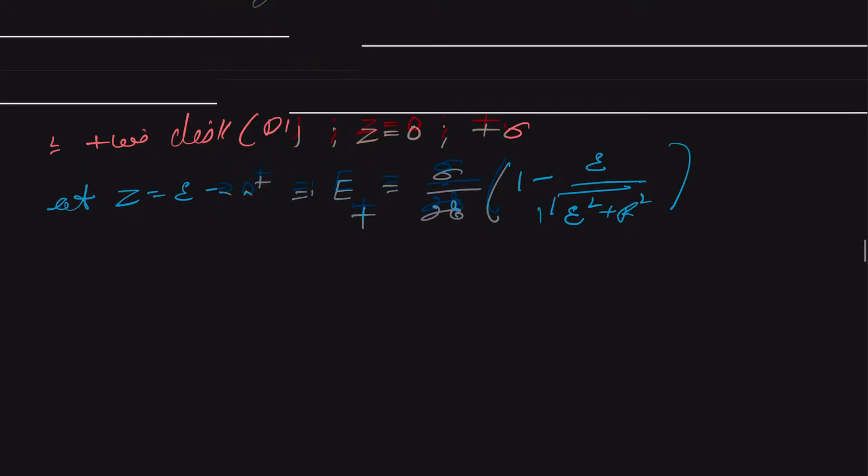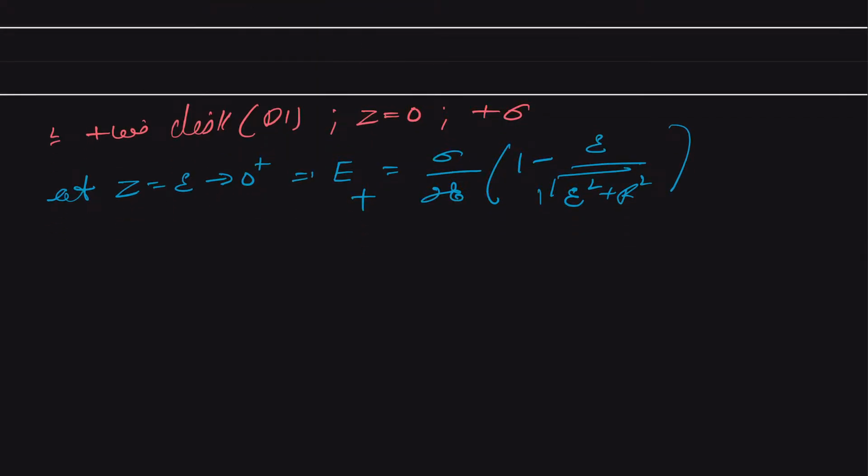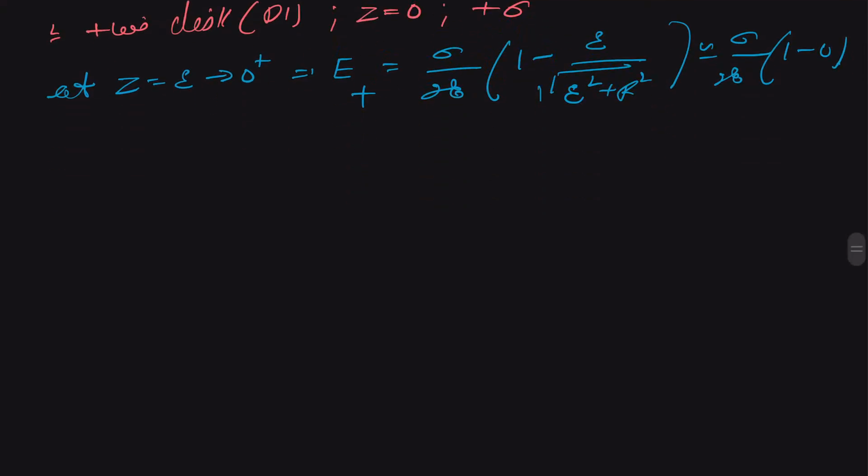Now we can use the approximation: this will be approximately equal to sigma upon 2 epsilon naught times 1 minus 0. Therefore, the electric field due to the positive disk just above is sigma upon 2 epsilon naught, in the upward direction.